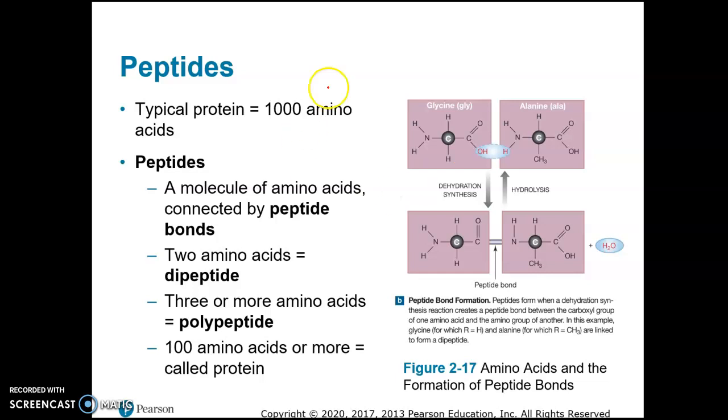Peptides are chains of amino acids connected by peptide bonds. If we only have 2 amino acids in the chain, it's a dipeptide. If there's 3 or more, we call it a polypeptide. 100 amino acids or more, that's when we call it a protein. So the difference between a polypeptide and a protein is just the number of amino acids in the chain.